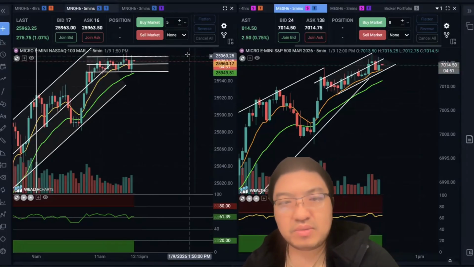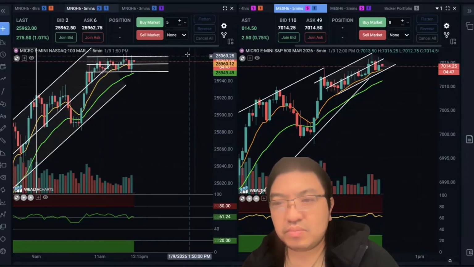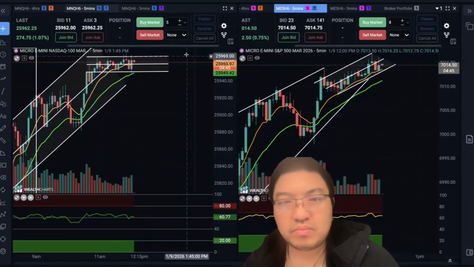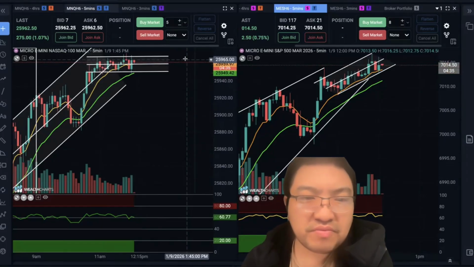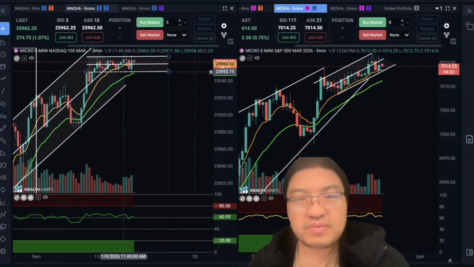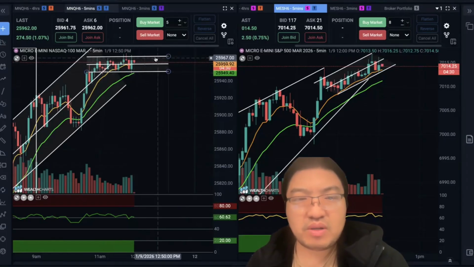Let's see this one. Failed to create a higher high, but it still defends by EMA 9. Defense by EMA 21.